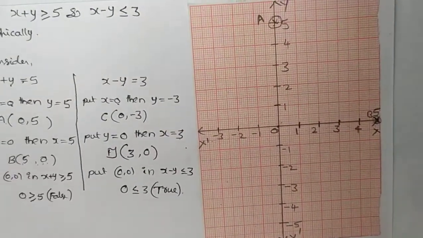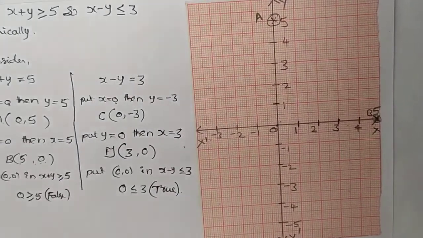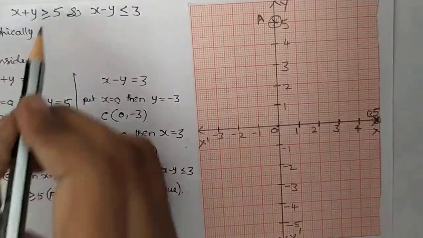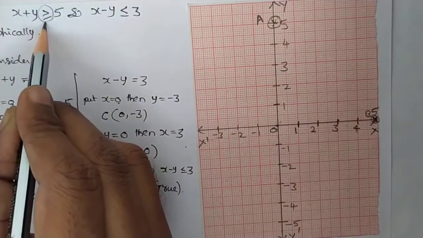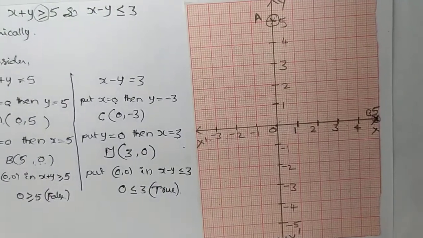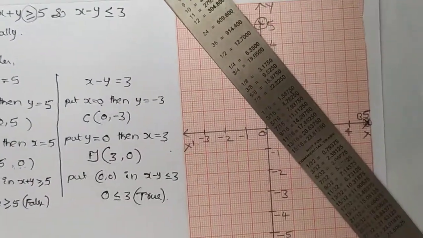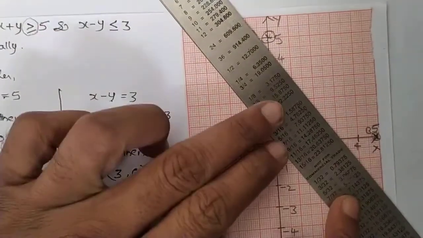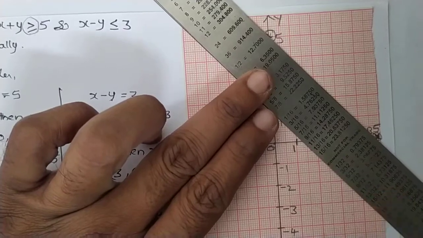Next, this first inequality involves greater than or equal to, so we have to draw the line as a thick line. You just join these two points by the thick line.